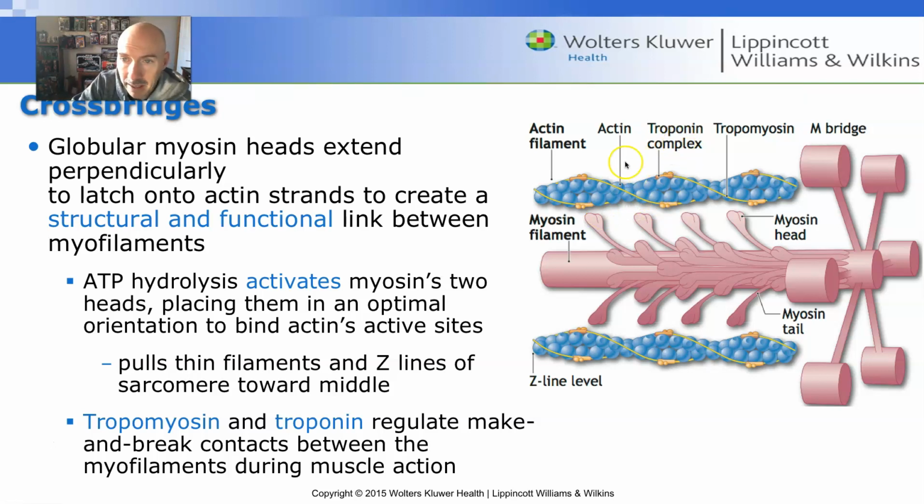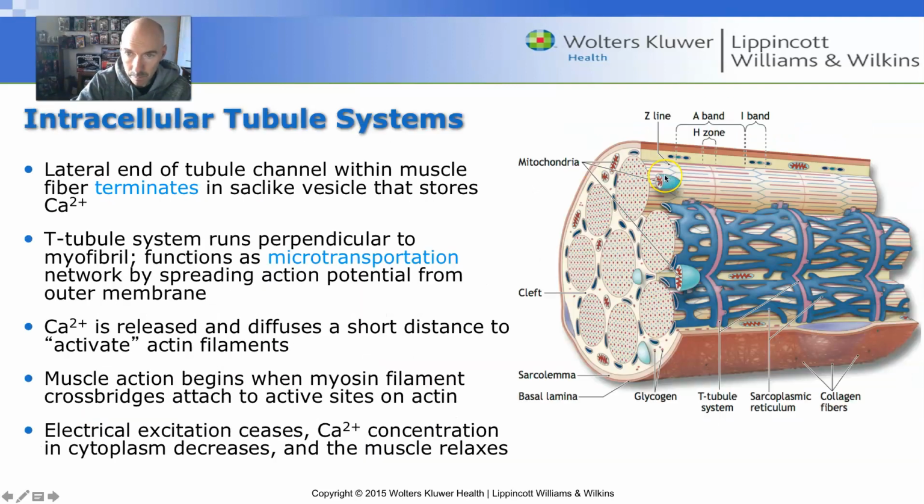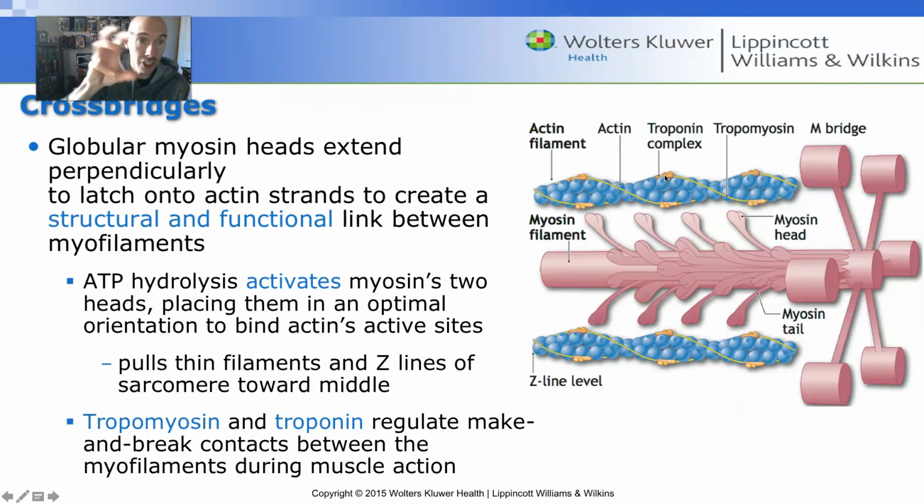On top of the tropomyosin, we have this other protein that I mentioned earlier called troponin, okay? Ultimately, as we'll see, calcium is going to move into a muscle fiber when it is activated, stimulated from the nervous system. Calcium is going to bind to troponin. Troponin is then going to change its shape.